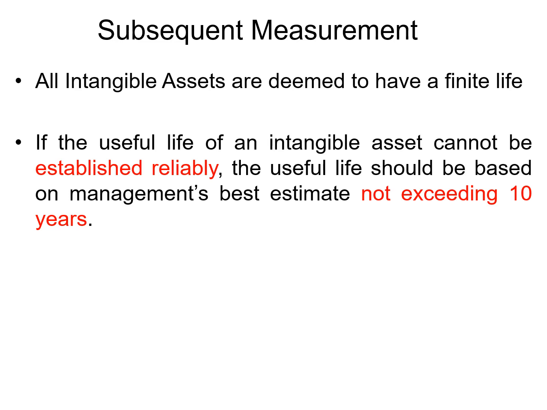So there's nothing that stops you from depreciating your asset or amortizing your asset over a 15-year period or a 20-year period. But if you're not sure, then you can't exceed a maximum of 10 years. Just clarity on this particular point. And you'll see we'll deal with the same issue again just now when we start talking about business combinations and goodwill that arises out of a business combination.